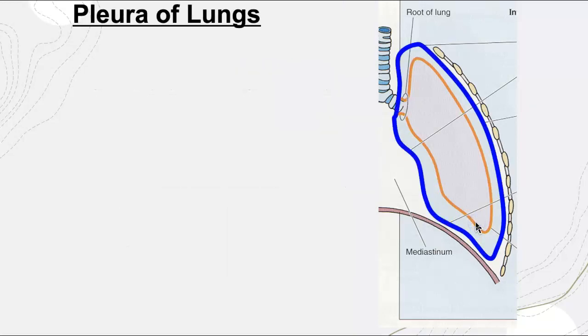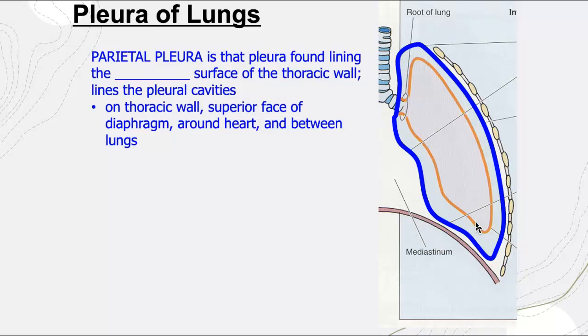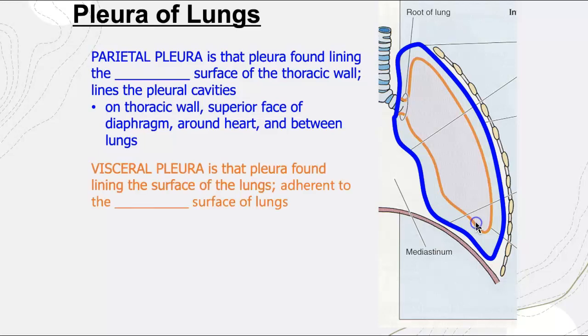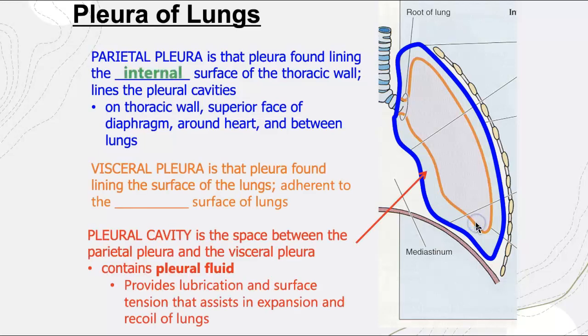So first we will have our parietal pleura, and this is going to line the internal surface of our thoracic wall. So if you look here, we see our ribs, and lying between them are intercostal muscles and membranes. And so that parietal pleura, which the word parietal means wall, is lining the wall of our thorax.